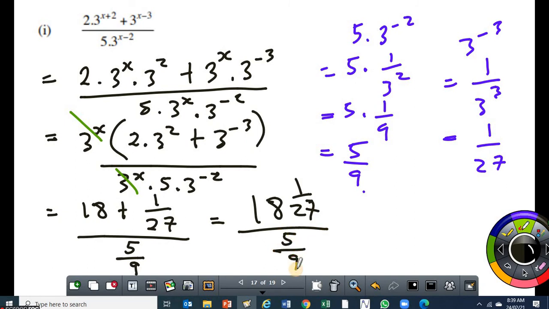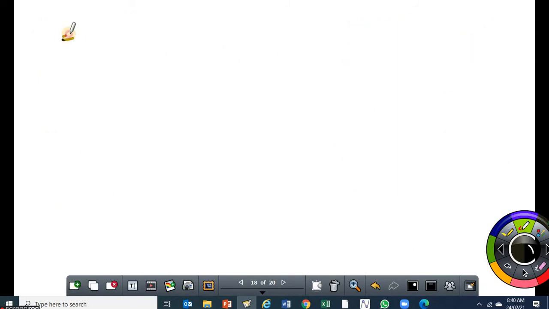Now, if you look at it here, the denominator is a common fraction. The numerator is a mixed number, so I need to convert it to an improper fraction. Okay? Let me go to the next page. What is 27 times 18? 487. 487 plus 1.